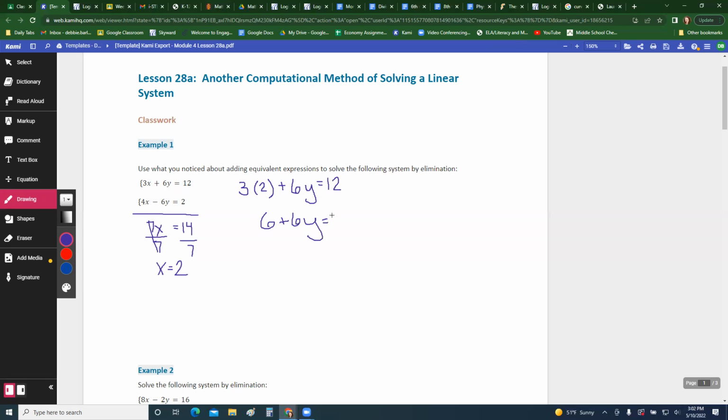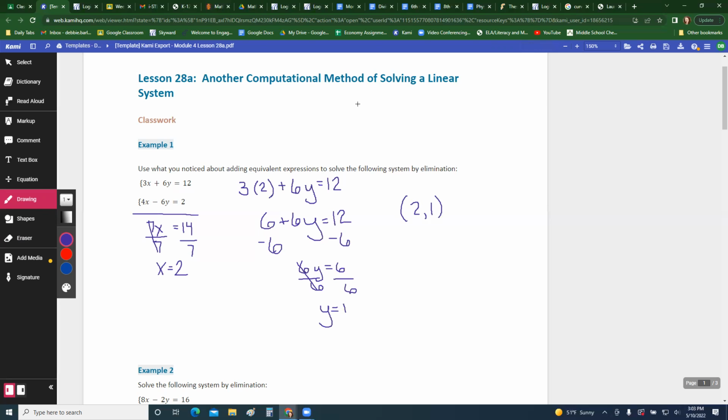I know how to solve a two-step equation. I'm going to start by subtracting 6 from both sides, and I end up with 6y equals 6. Divide both sides by 6 to get the y alone, and y equals 1. So my solution is the point 2, 1.